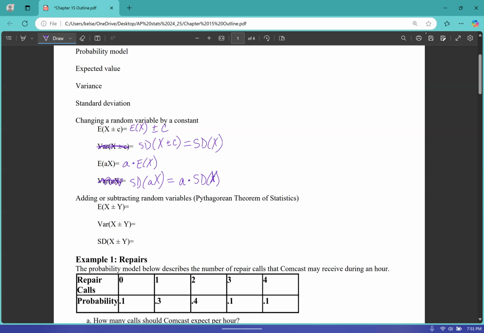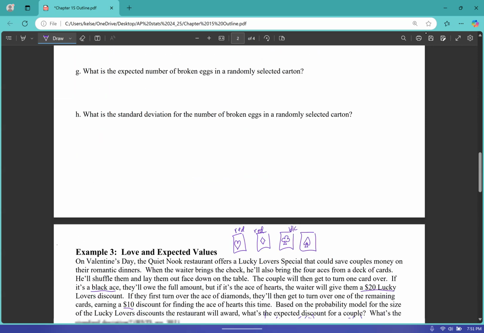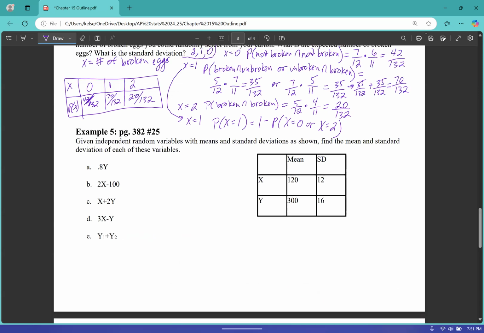Okay, so now let's go over this one. 0.8 times y. We see here y has a mean of 300 and a standard deviation of 16. So the expected value of 0.8y is just 0.8 times 300, which in your calculator gives 240.